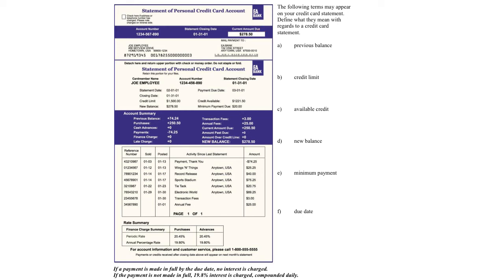Minimum payment. This is the lowest amount required by the credit card company for you to pay back this month. And we see it here. Minimum payment due, $20. A lot of people get in trouble here. They see this minimum payment due, $20, and they think, oh, I only have to pay $20. Well, this is where you get into trouble, because if you only pay back the minimum amount, you still owe the rest.